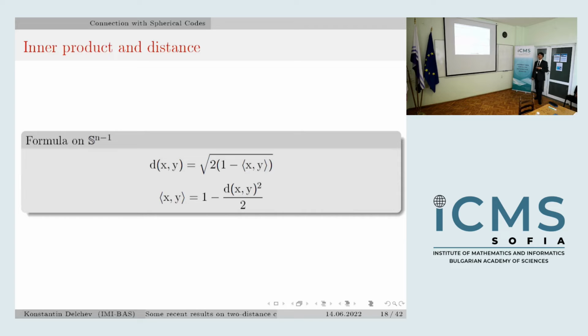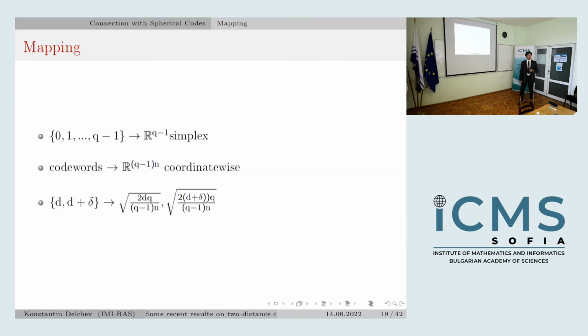Inner product is linear for the elements of the code, each of them, and distance has some masking square roots. The mapping that we do in order to translate our problems from Hamming codes to spherical codes is the following. It's due to Larman, Rogers, and Seidel.